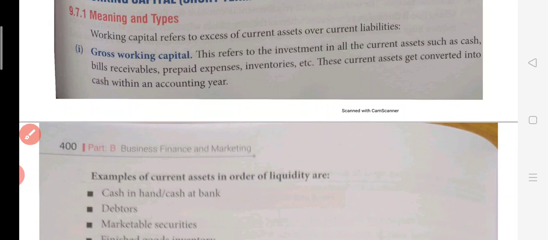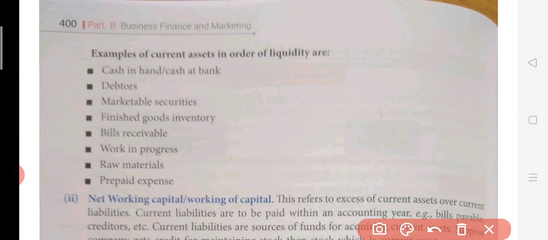Now what are the examples of current assets? Like in accounting, you must already have gone through it. It is cash, debtors, stocks, marketable securities which you can sell and get money, finished goods inventory, which is your stock, and bills receivable, meaning you'll be getting money from those to whom you have sold the goods.